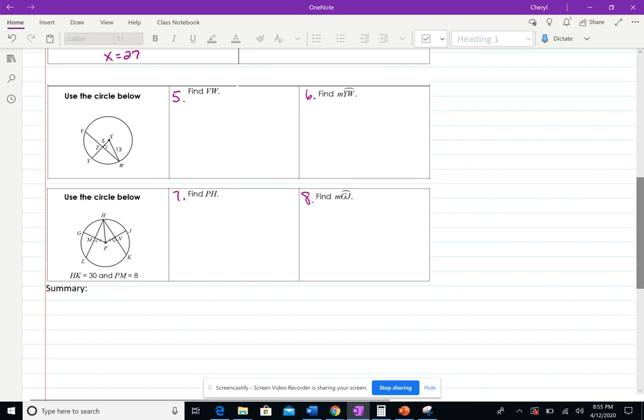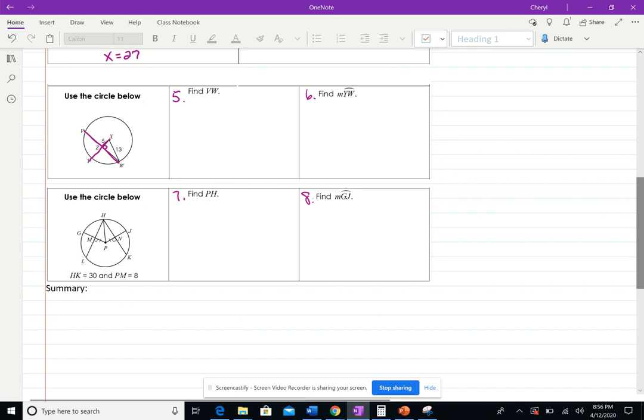They don't give us much to go off of here. But we see this right angle here, so we have a radius that is perpendicular to a chord. That means it is bisecting, or cutting in half, that VW.